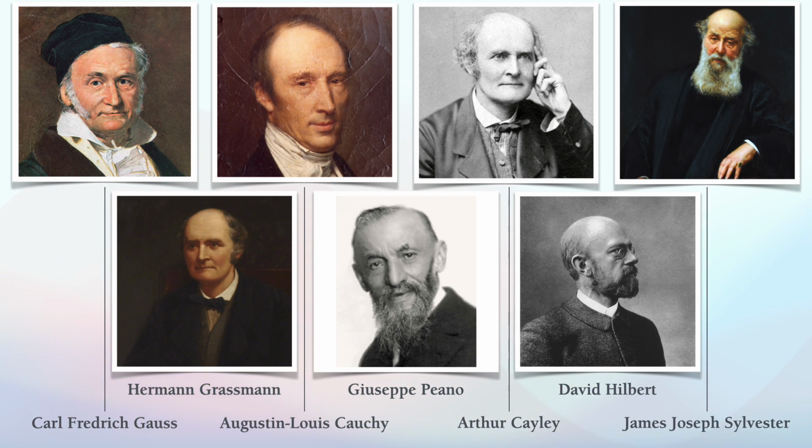Later, with the study of function spaces, mathematicians like David Hilbert introduced inner products, orthogonality, and orthonormal bases, making it possible to decompose even infinitely complex spaces into independent, manageable components, and connecting linear algebra to physics, analysis, and applied mathematics. Together, these contributions transformed linear algebra from a computational tool into a powerful abstract framework linking algebra, geometry, and physics.